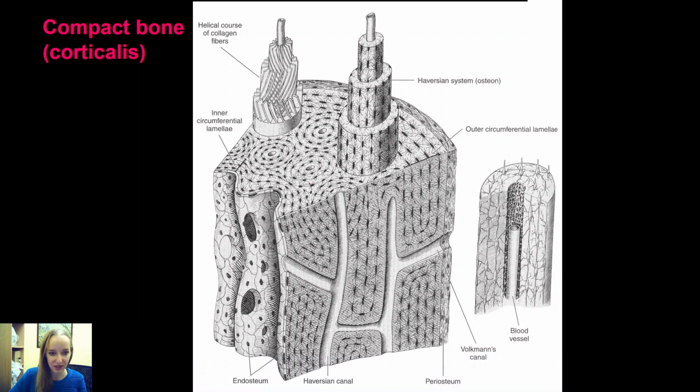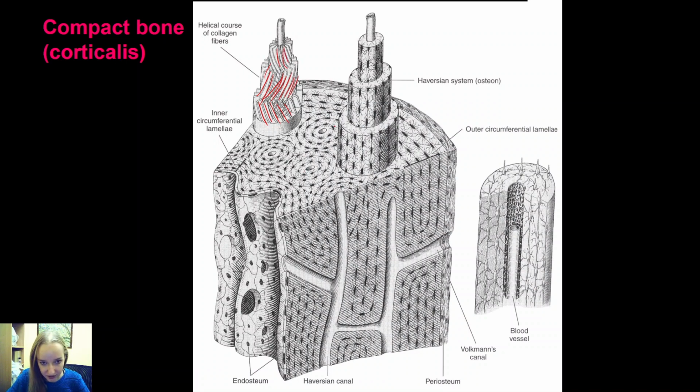So these collagen fibers are going this way and these in this way. They're almost perpendicular to each other, and this ensures the strength. That's why the bone is so strong. It's because of this arrangement. They're going perpendicular, they're crossing each other, so they're forming a system like this.